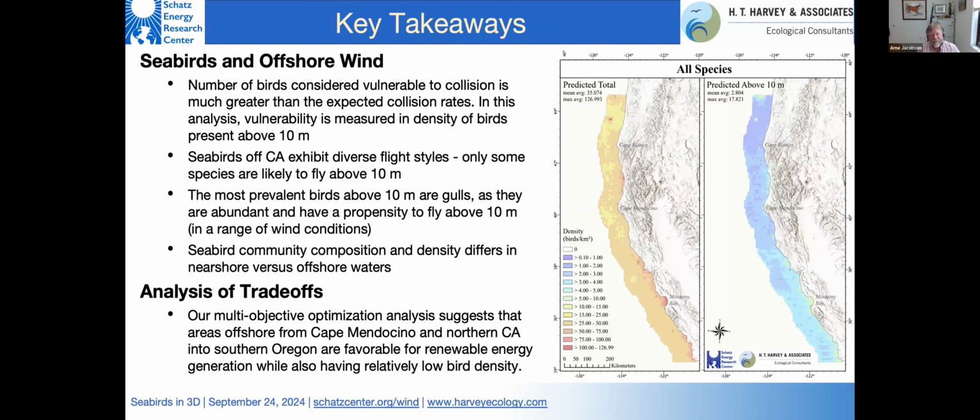And then we also will be presenting an analysis of trade-offs and the relationship between wind generation and seabird vulnerability.